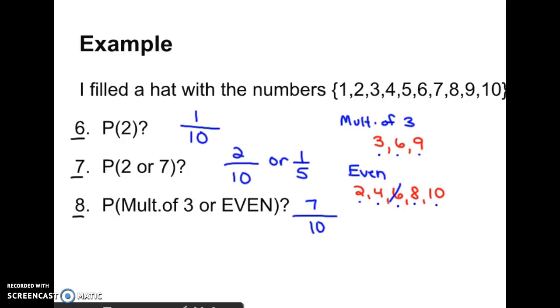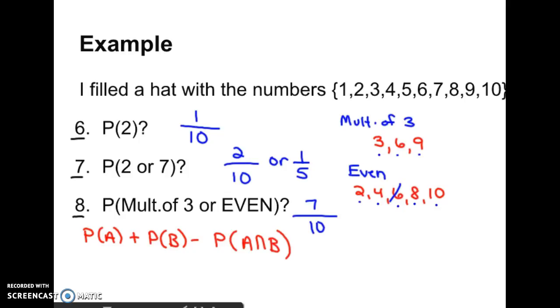So that formula, let me just write it down again. It's the probability of A plus the probability of B minus the probability of A and B. So here's how it works if you weren't sure.